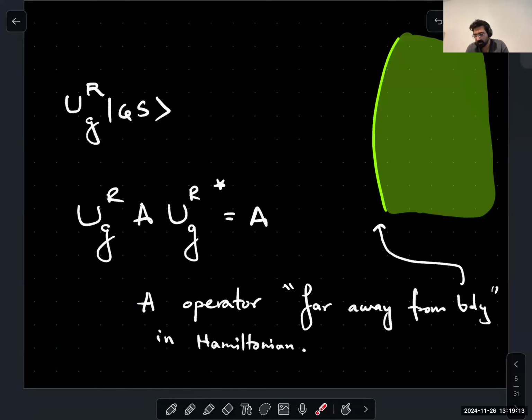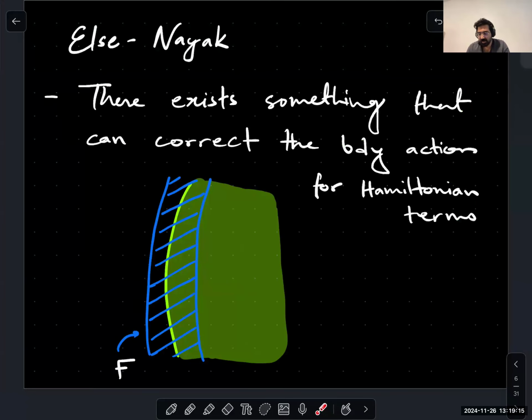Alrighty. So what's the idea? Elsenaek was the inception of this whole class of works, at least as far as I'm aware. Please correct me if I'm wrong. The idea is that you have this restricted symmetry action, and then you correct that symmetry action using something that is localized along the boundary of the symmetry action.